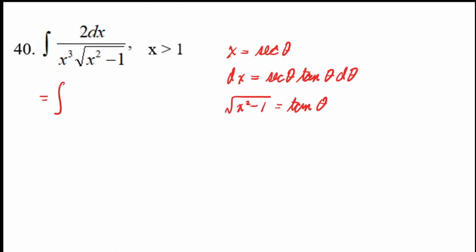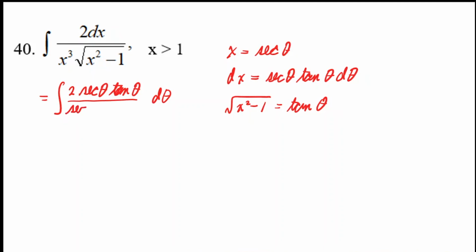2 d theta. Should we just list it? Yeah, let's just list it. 2 d theta is secant tangent. Then you'll see the magic. And then dx out here, and d theta out there. And then we have x cubed.